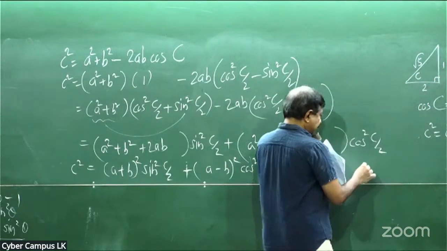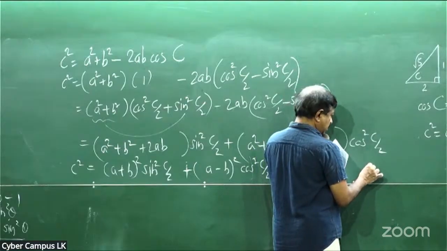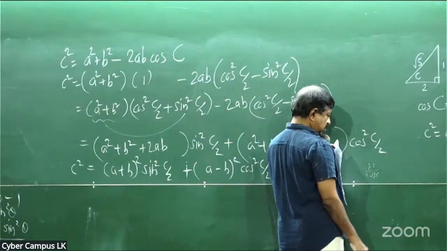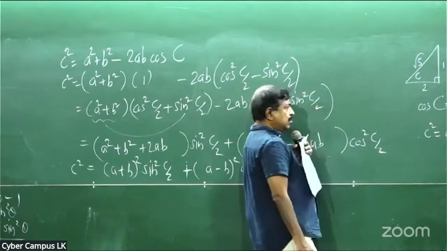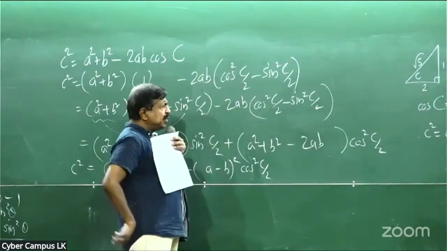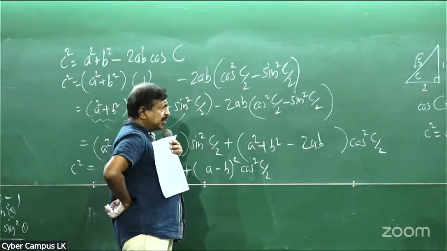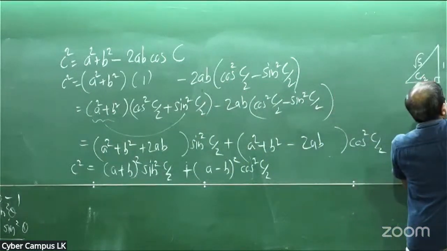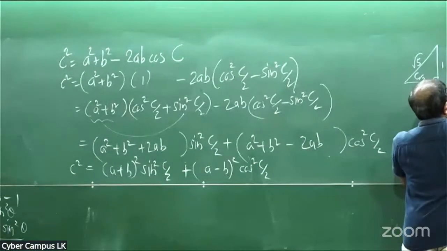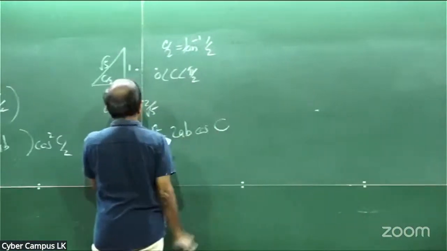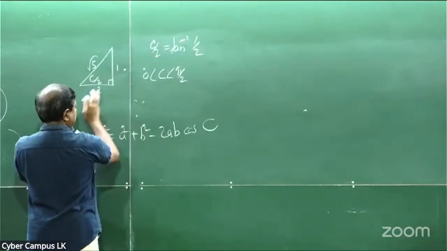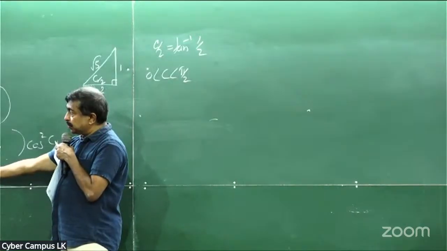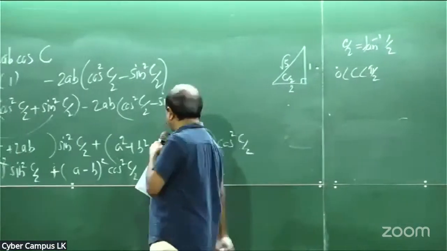Just hold on, one second. I think it should be C over 2. Otherwise, you get a nasty answer. I'll change it to C over 2. Yeah, we'll do it like that. Otherwise, no point of obtaining this expression. Should be C over 2.